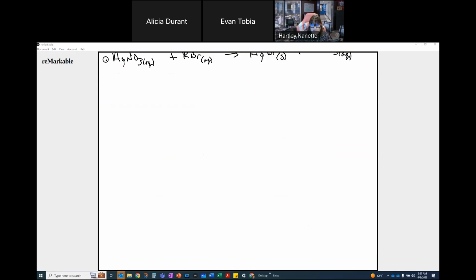I know that because NO3 is -1. Nitrate is in that list of common polyatomic ions. And so if NO3 is a -1, then Ag has to be a +1 because there's one of each of them. So Ag is +1, and NO3 is -1. That whole thing is -1, and there's only 1.